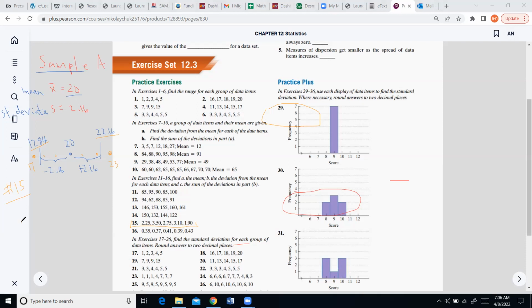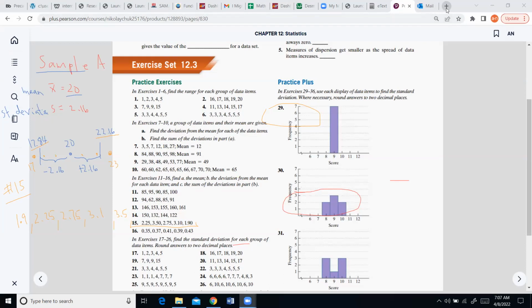They range from 1.9, looks like that's the smallest, then there is 2.25, 2.75. You don't have to rearrange them. I'm just trying to show you that what we are going to calculate would make a little sense. 3.1 and 3.5. It looks like we have a sample that consists of 5 elements.